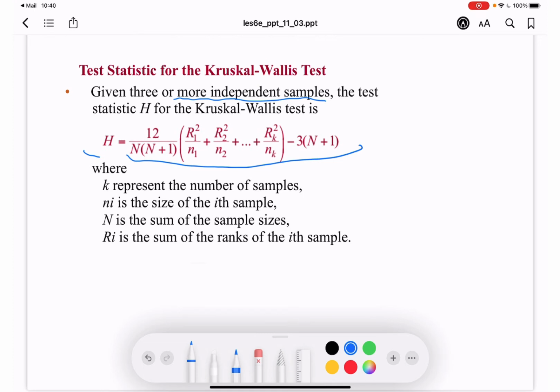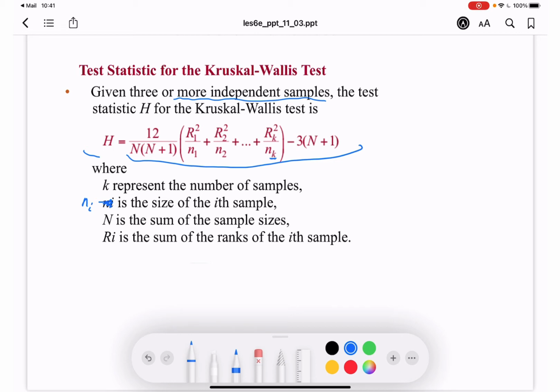k represents the number of samples, this is the k index. If there are 3 samples, then it will be n1 plus n2 plus n3, right? So n sub i, I would write down like this because it looks like multiplication. No, it has to be an index. n sub i is the size of the ith sample.